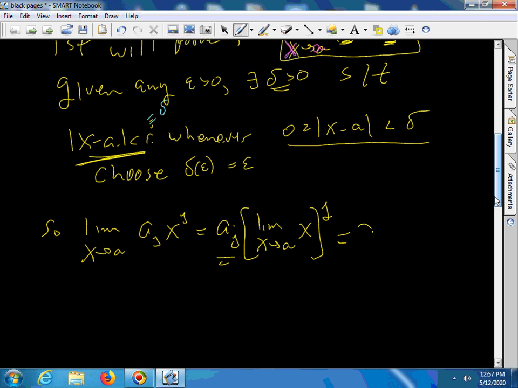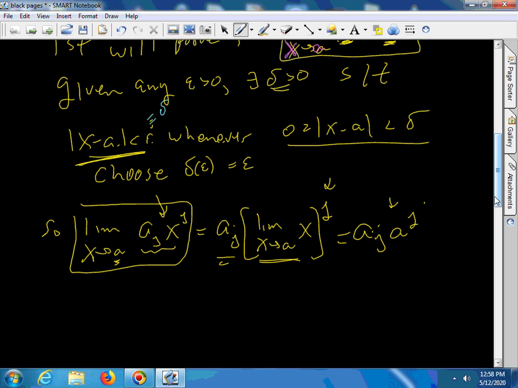Well, this is a to the j. This here we just showed is a, and I have to raise it to the j's power. So yes, I did show that the limit of this monomial is just substitution. Replace x with a, and that's just what happened.